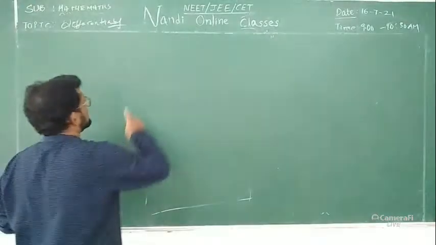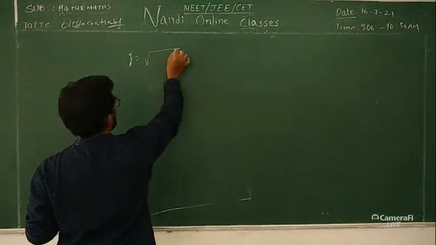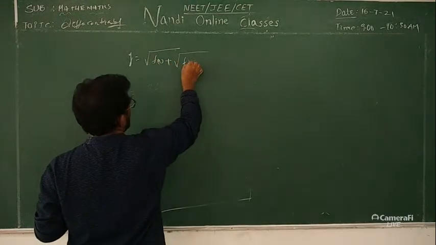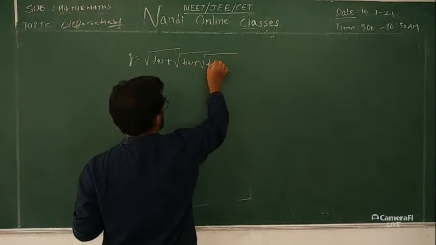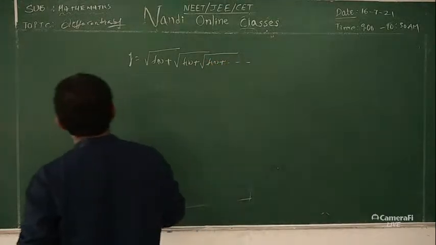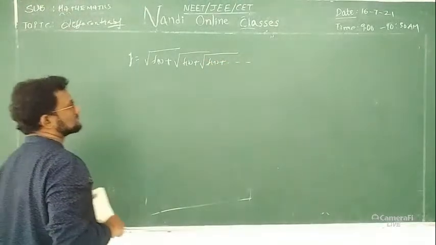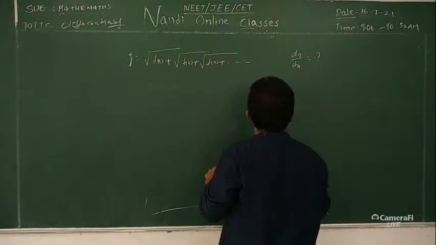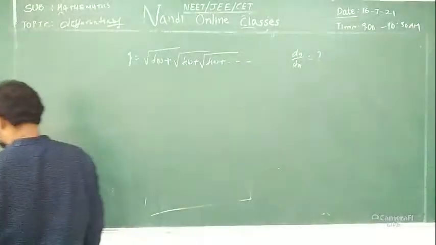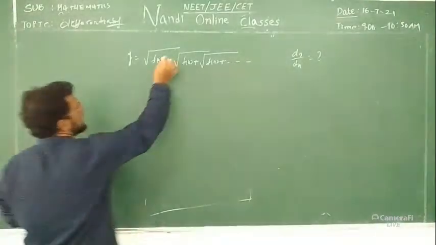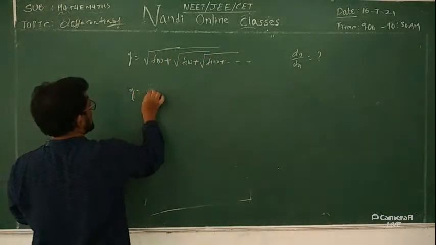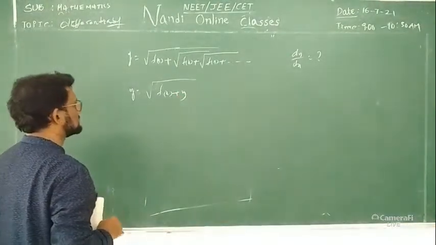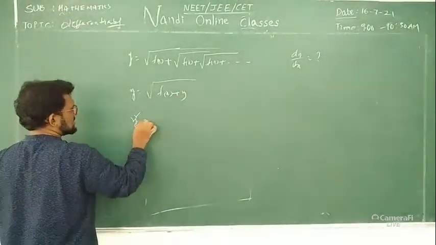Next model, if y is equal to square root of f of x plus square root of f of x plus square root of f of x, and so on, then find dy by dx. So it can be written as y equals square root of f of x plus y, squaring on both sides.